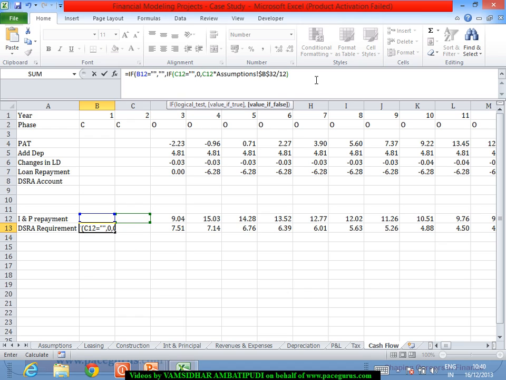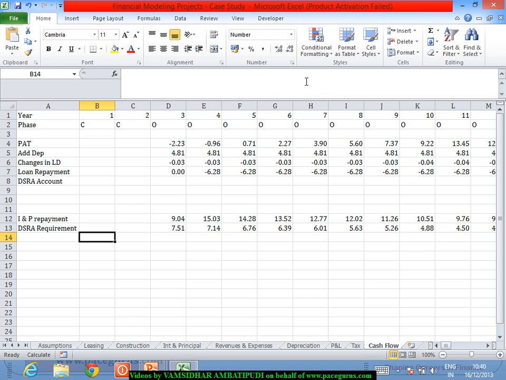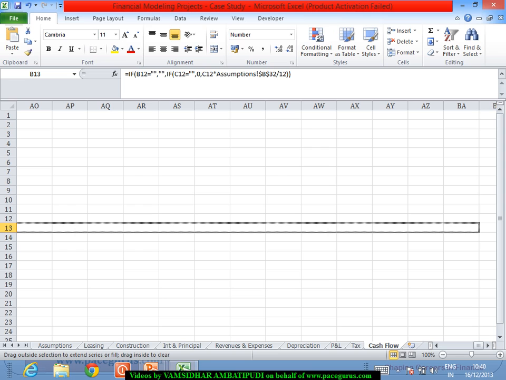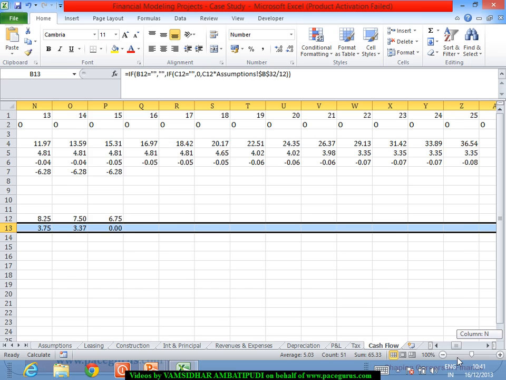Now let's see whether it will work out. Now in this case, all I am doing is the DSRA requirement for me, when I am dragging it across, my DSRA requirement for that year is coming out to be 0.